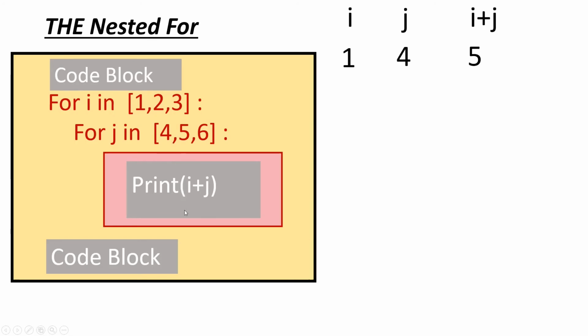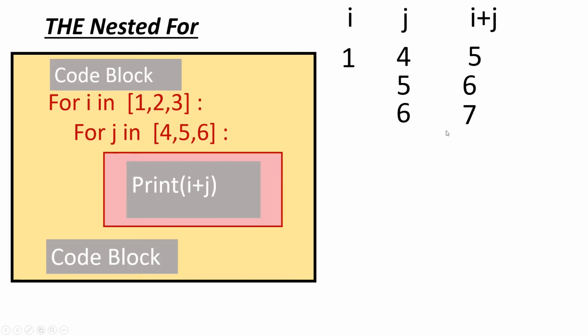Now we go to the start of the loop again. In the next round i remains the same, j will take the next value 5, and 1 plus 5 is 6. Then again we go up, i remains the same, j will take the value 6, and i plus j is printed as 7.